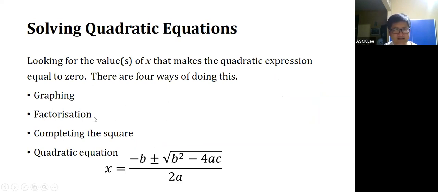Anyway, what I'll do today, because there are 4 ways of solving quadratic equations, I will teach you graphing today and factorization next week. Following week, I'll teach you completing the square. And then after that, I will teach you solving quadratic equations using the quadratic formula, which is unfortunately also called the quadratic equation.